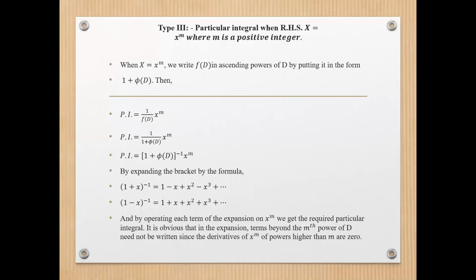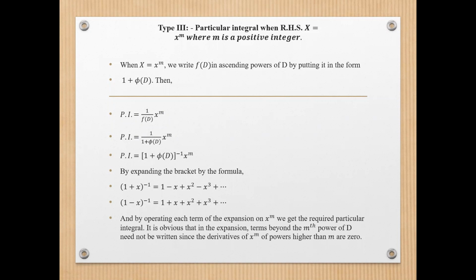First derivative of x square is 2x, the next derivative is 2, and the third derivative is 0.